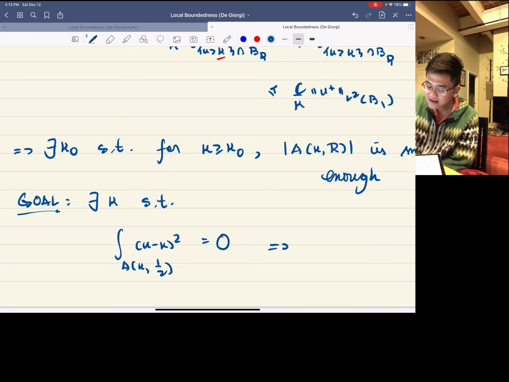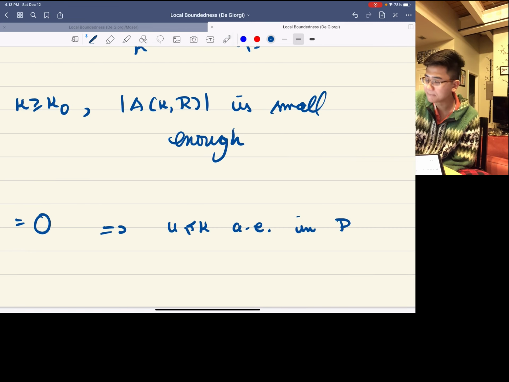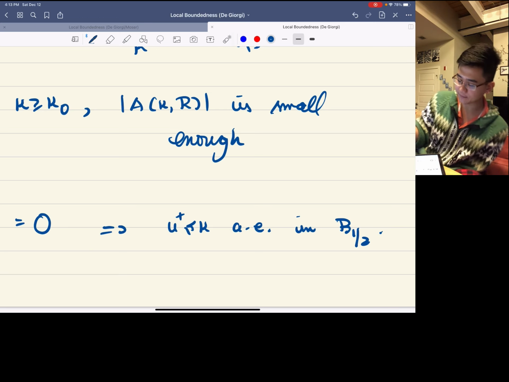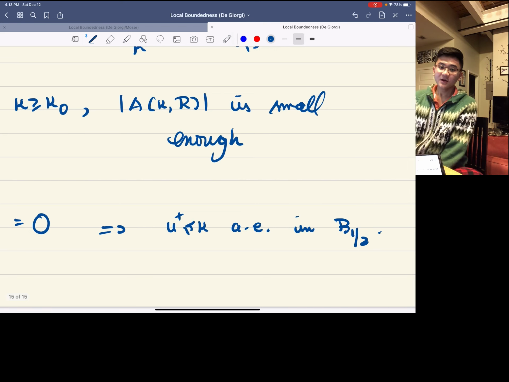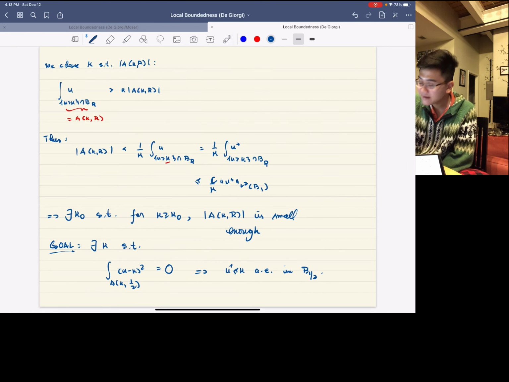And what this means is that u is less than or equal to k almost everywhere in B_{1/2}, which is the goal: u positive part is bounded. Okay, so that is it for this video. What we're going to look into next is the actual iteration process. Okay.